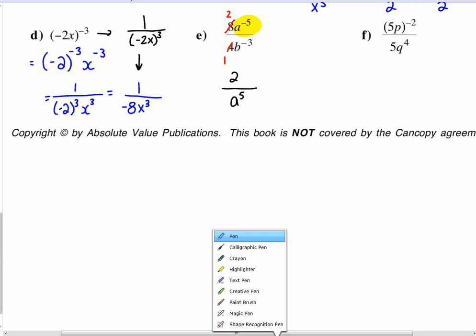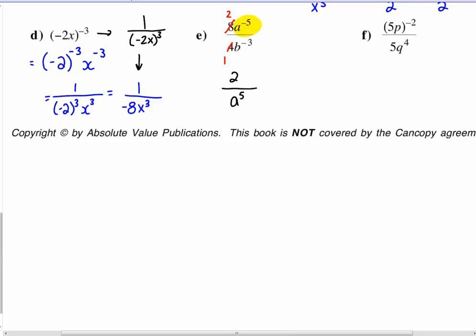Where do I move b, because it has a negative exponent, to the top? So b cubed. Make sense? Because it had a negative exponent, we moved it up so the exponent was positive. So it just crosses the line.